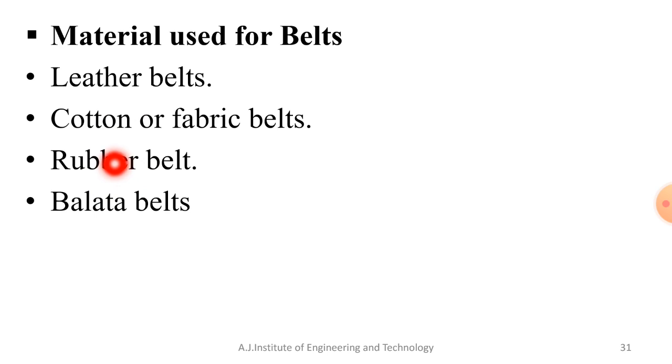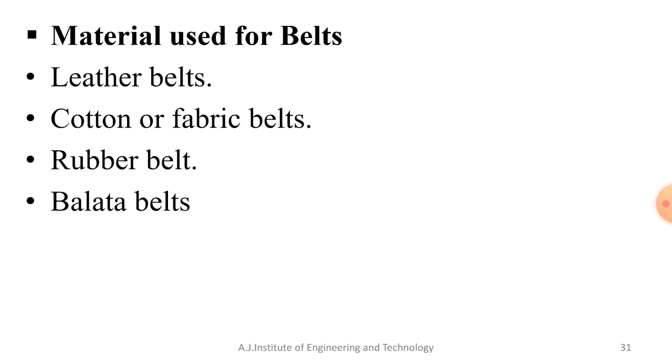Then only you can transmit the power effectively. Without friction you cannot transmit power from one shaft to another shaft. The main working principle behind this type of power drive is the coefficient of friction between the pulley and belt. That's why whatever the material, it should have high coefficient of friction with pulleys. That is one of the main properties of the belt material.